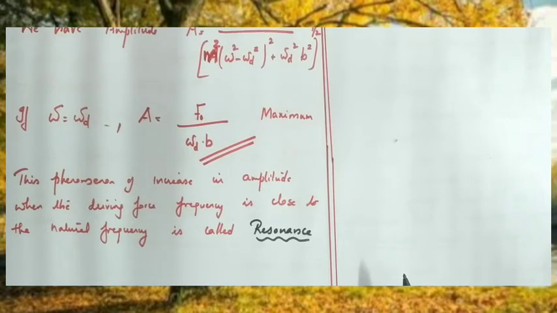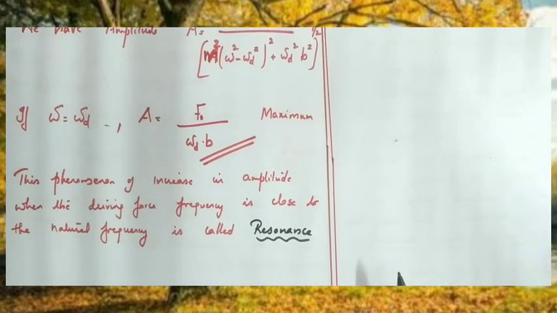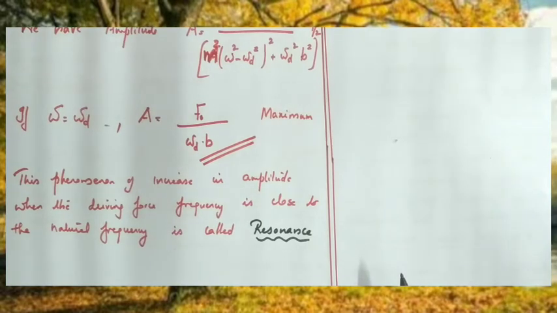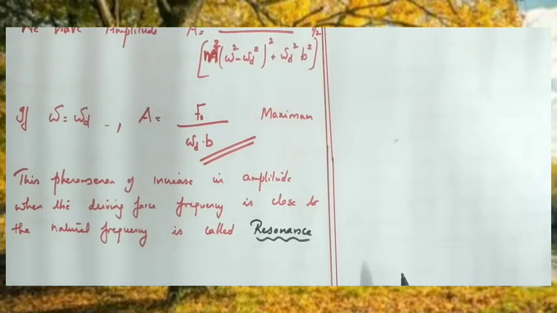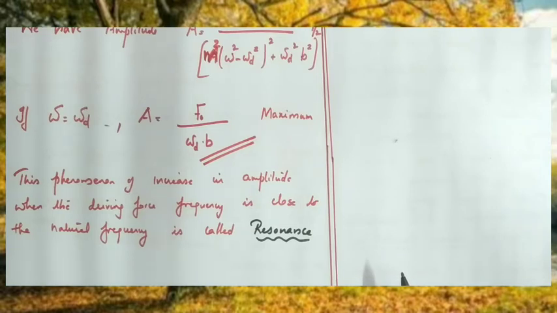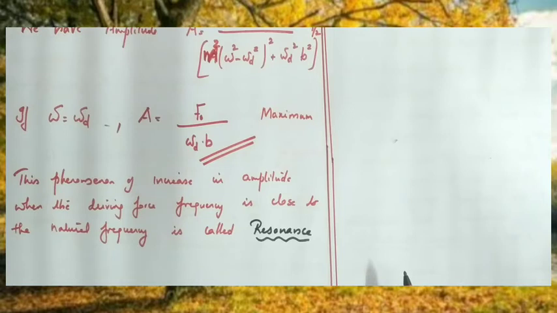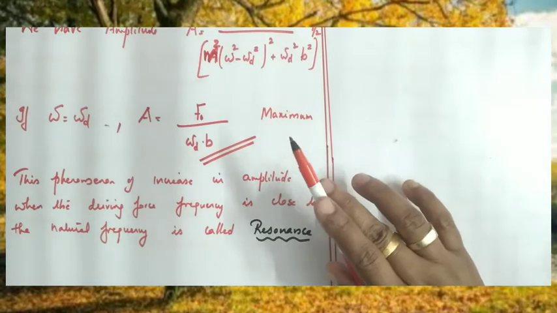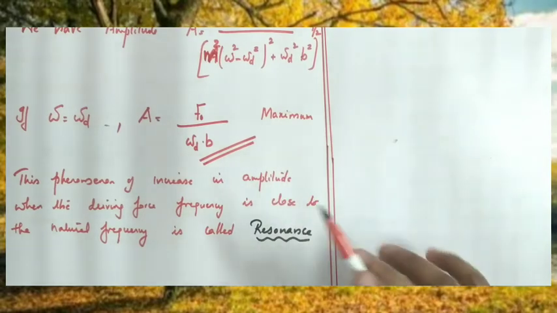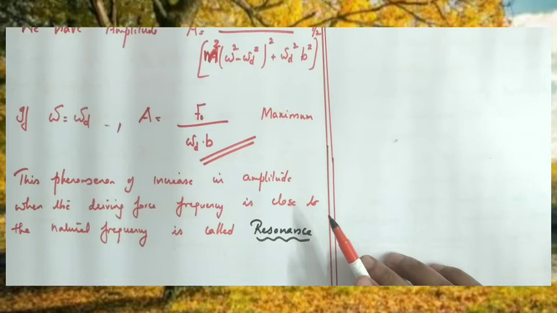It will be maximum, so the child can move to a maximum height. How? By the condition of resonance. The driving frequency and the natural frequency are equal, so the resonance condition is satisfied and the amplitude of oscillation will be maximum. Okay.